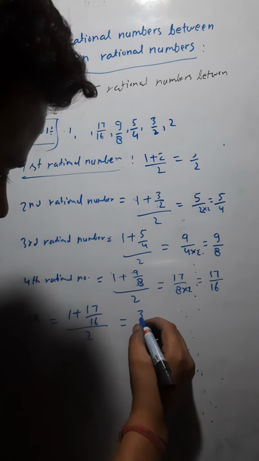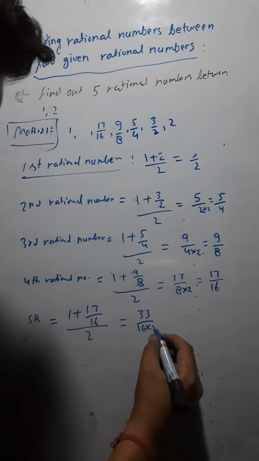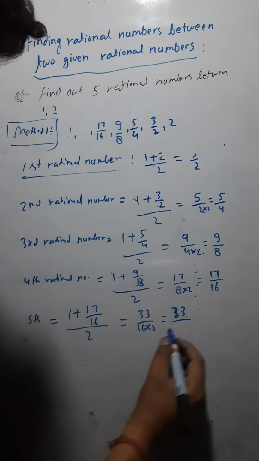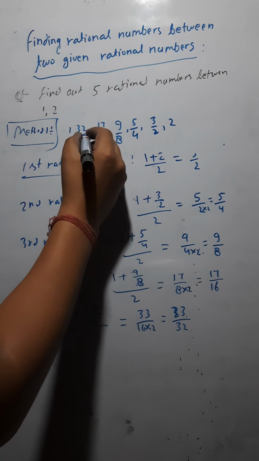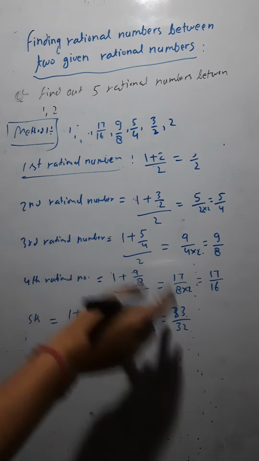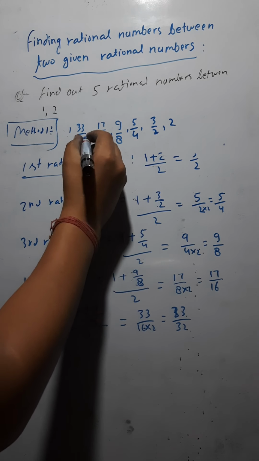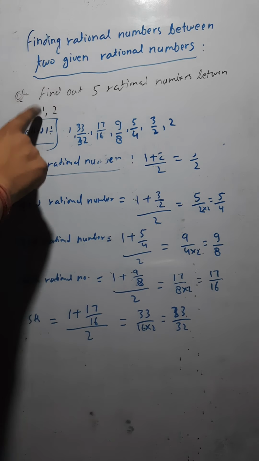Yes, 33 by 16, and these two would be multiplying upside, so I would be writing it as 33 by 16 twos are 32. So this is 33 by 32, isn't it? So this is how we are going to find out 5 rational numbers between two given rational numbers.